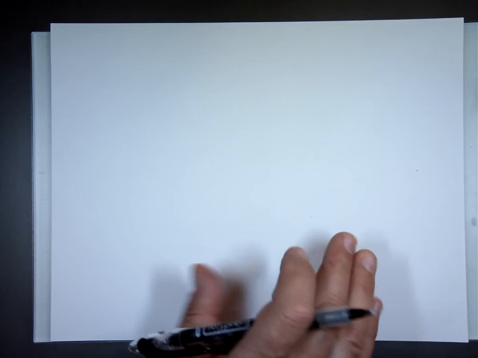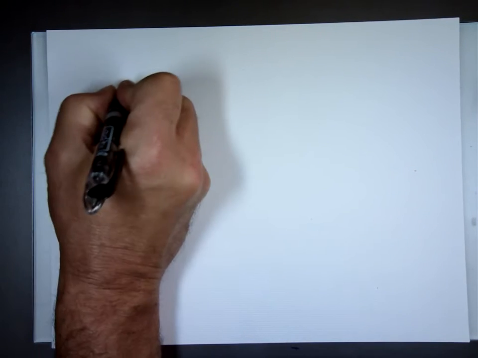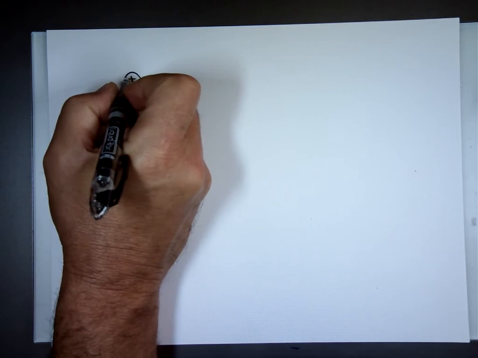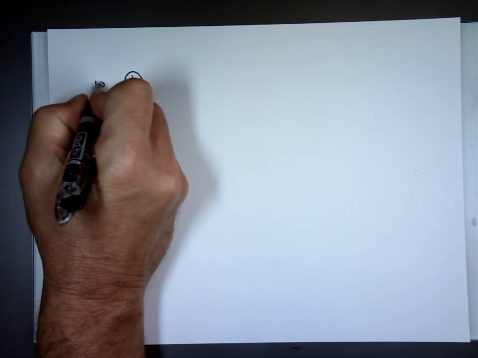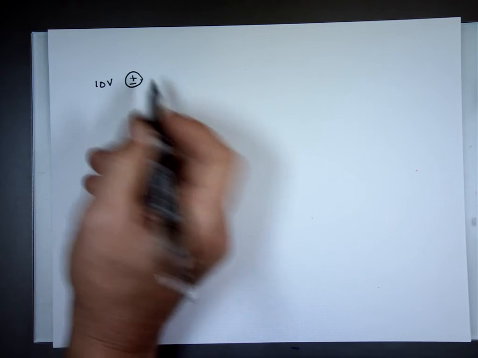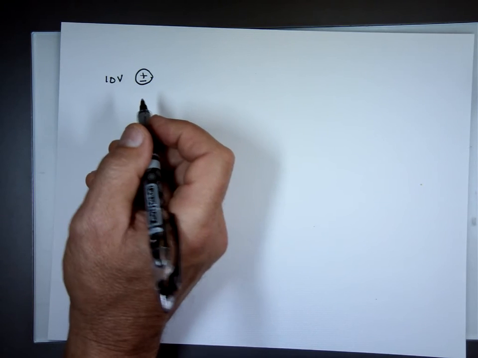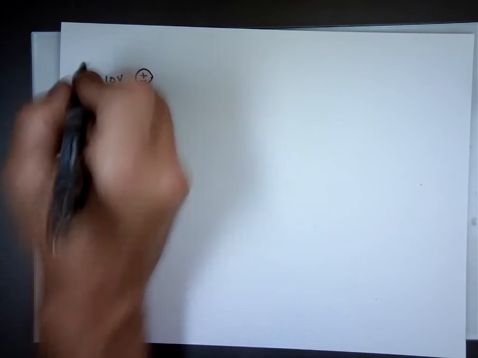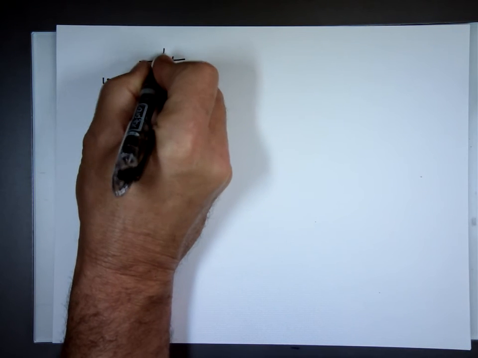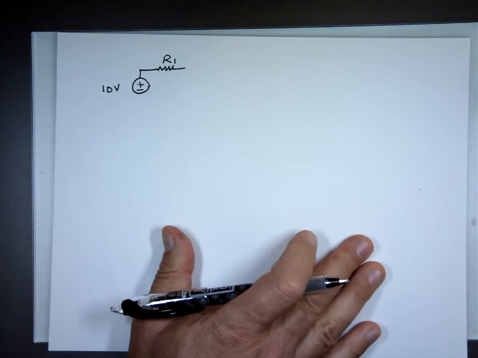So let's take this circuit. Let's go back and see if you remember. This source is called what? DC. Independent voltage source, right? It's a DC source, has 10 volts, but independent voltage source. We have a resistor on the top. I'm not giving you the values. It's called R sub 1, resistor 1.